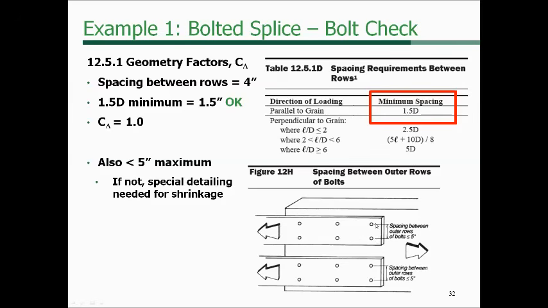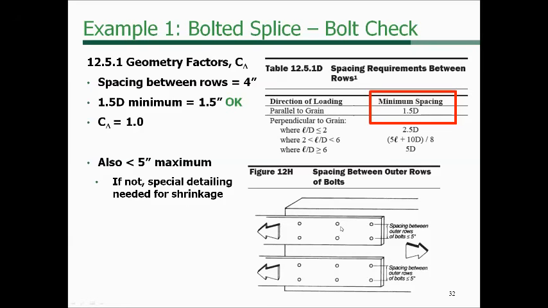Think about it in terms of if this were one solid plate here instead of 2 smaller plates, and we have an outer row here and an outer row here, and this is a glulam beam that's 2 feet deep, and it shrinks 2% because it's getting down to equilibrium moisture content. That could be a pretty substantial shrinkage and could cause splitting along the middle of that glulam beam. And so one of the solutions is to break it up into 2 plates like we see here.